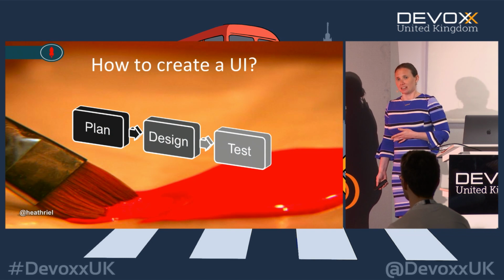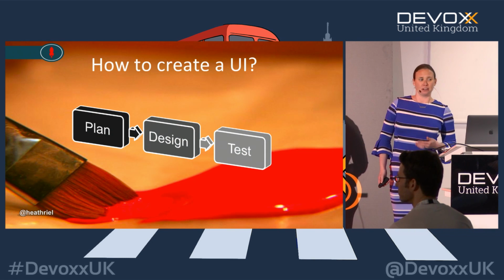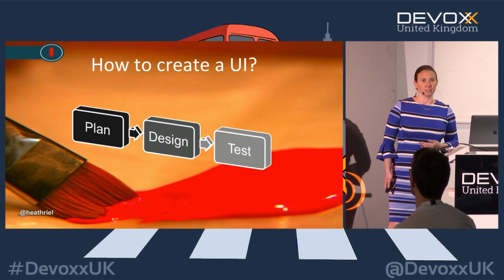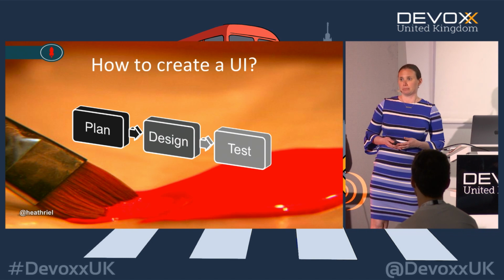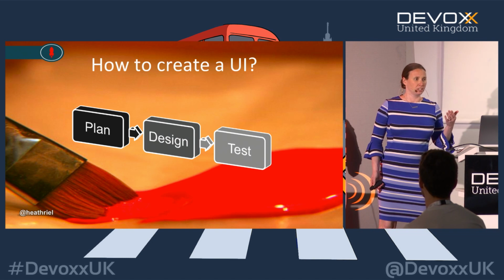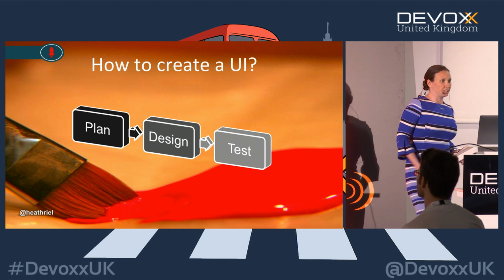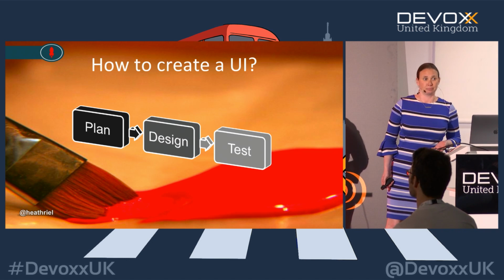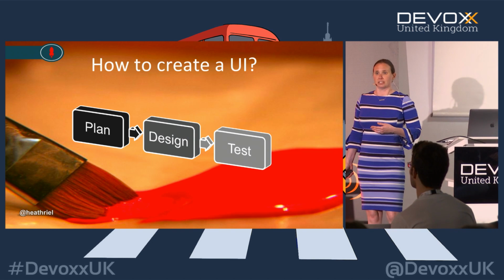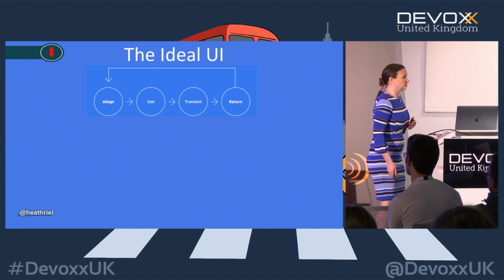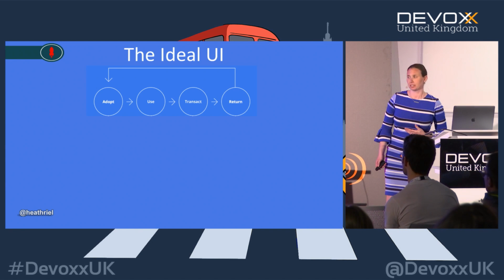So, first question is, how do we create a user interface, a UI? It gets down to really simple features. You plan it, you think about what you want to do, then you design it and you test it. Simple, right? Well, it is when you think about it that way, but it comes down to more steps than that.